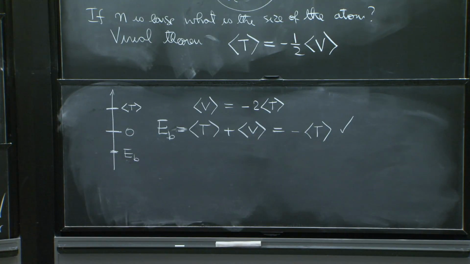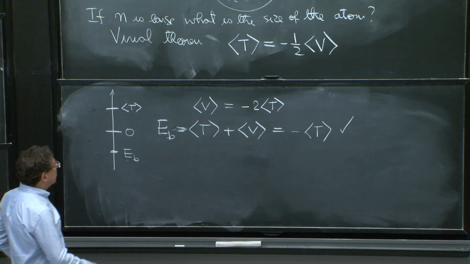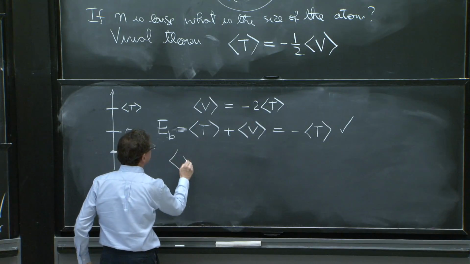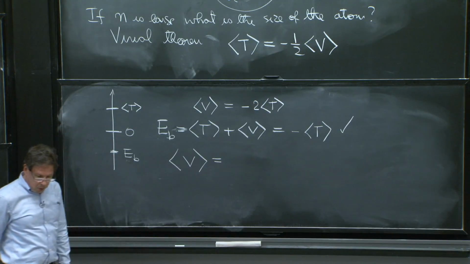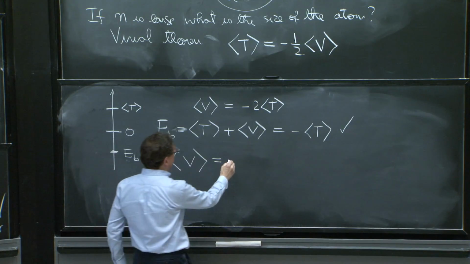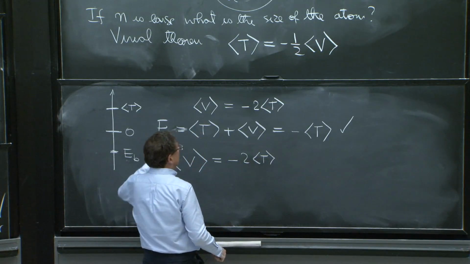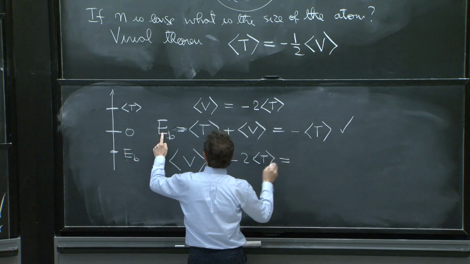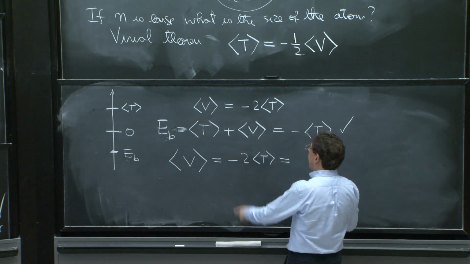So we then have a nice result, because the expectation value of the potential would then be minus 2 times the expectation value of t, which is itself minus the energy.